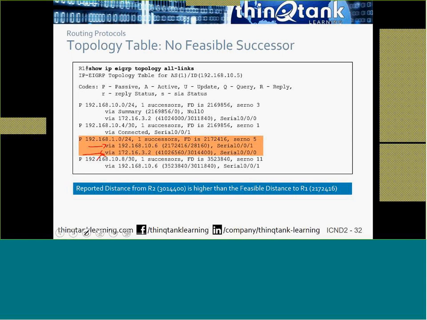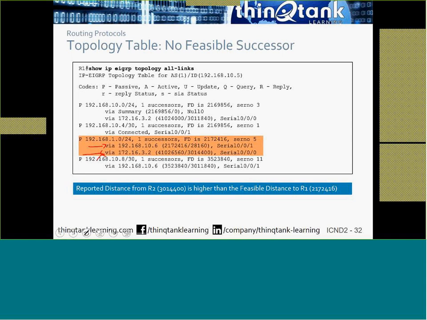Does that secondary path, the one that goes through 172.16.3.2, meet the feasibility condition? Okay, so I have a couple of yeses. I have some people kind of between yes and no. And I have some people that could care less. All right. Does it meet the feasibility condition? And Merrick says he doesn't know. That's good. That's why you're taking the class.